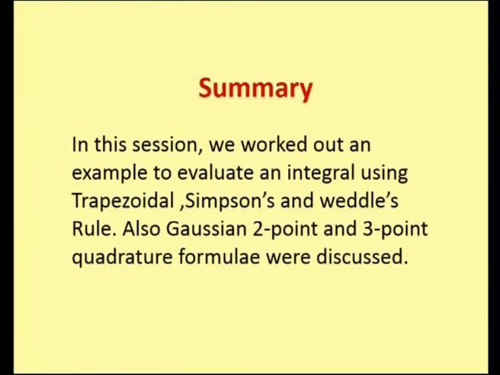In this session, we discussed in detail about numerical integration. We discussed various rules for evaluating an integral, that is trapezoidal rule, Simpson's 1/3 rule, Simpson's 3/8 rule and Weddle's rule, where the respective formulae were discussed.